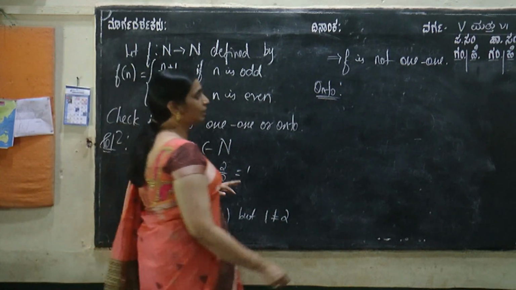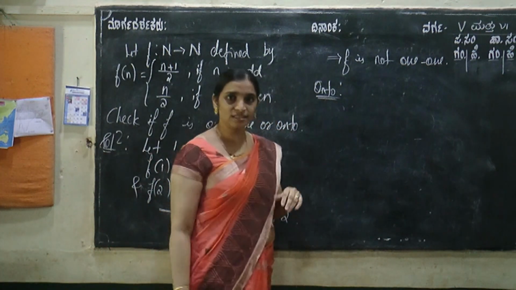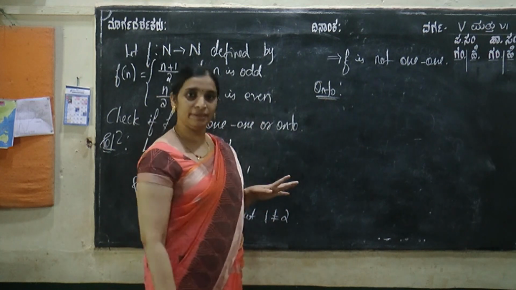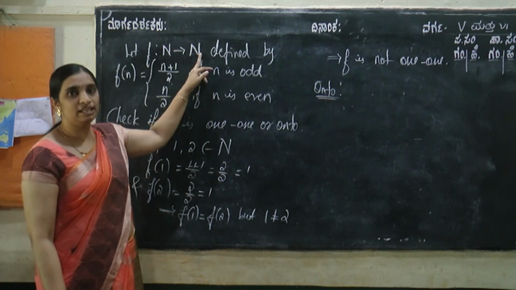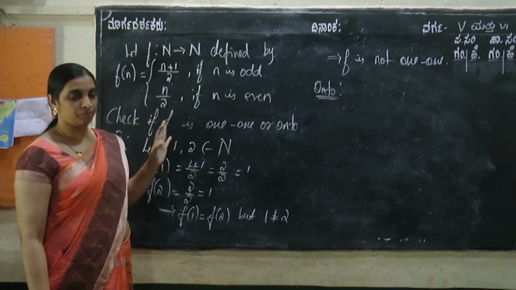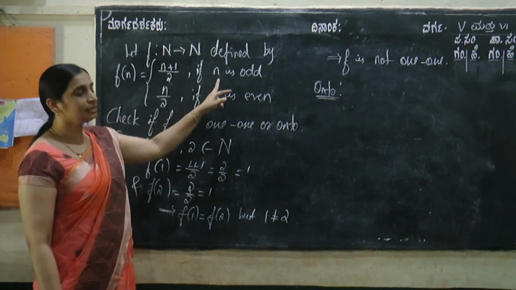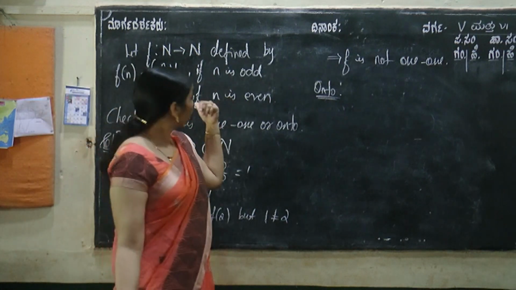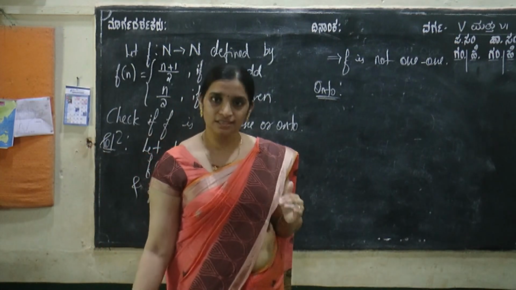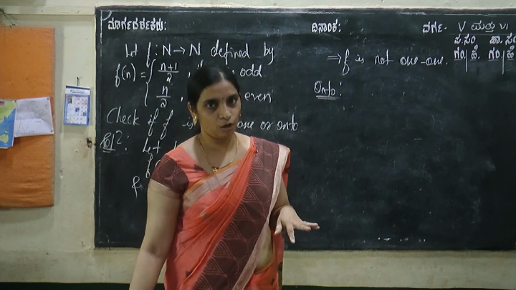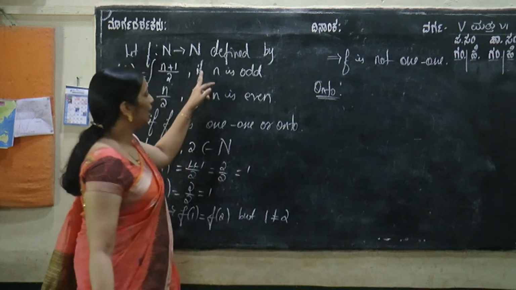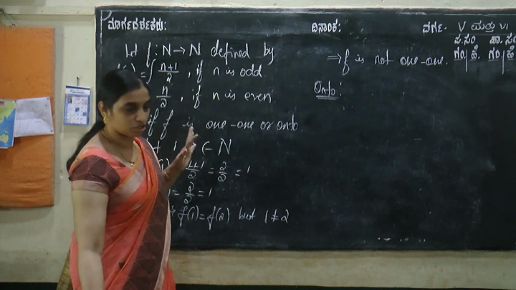Now we will consider a random element as n, or you may take the random element as r also, and we will check whether that element has pre-image or not. But be careful, when we take the elements in codomain N, the set of natural numbers, we are taking both even numbers as well as odd numbers, because here we are having different definitions.